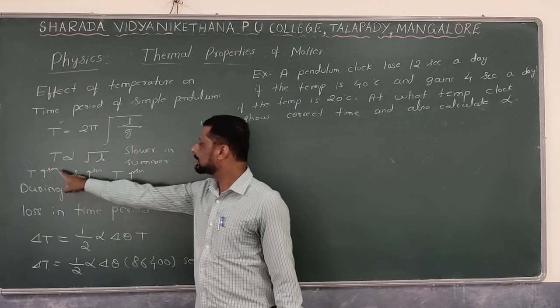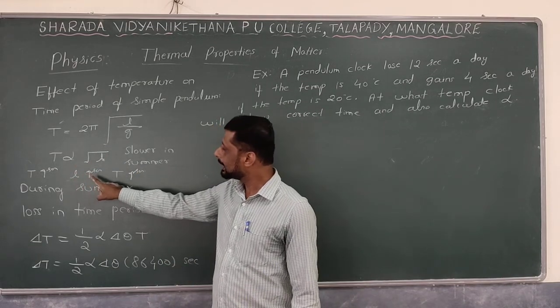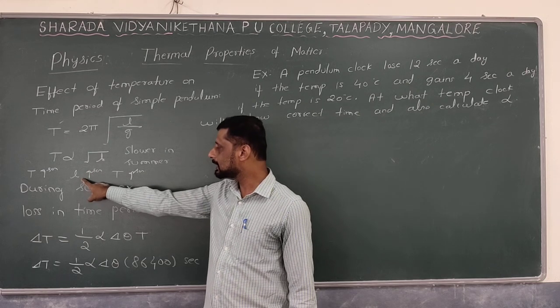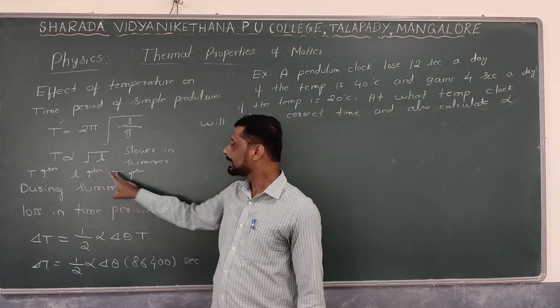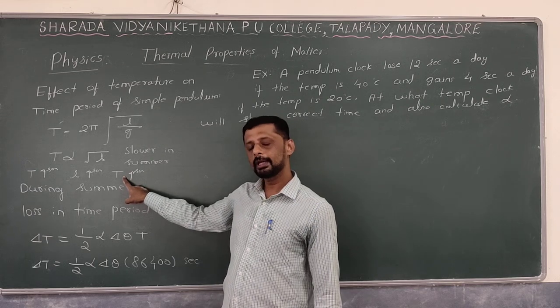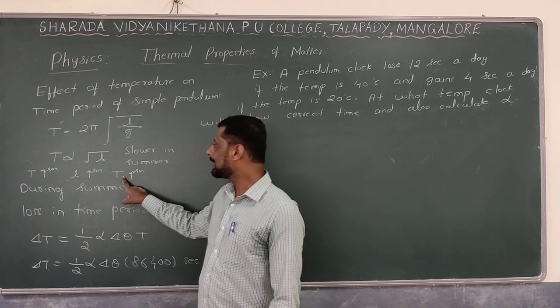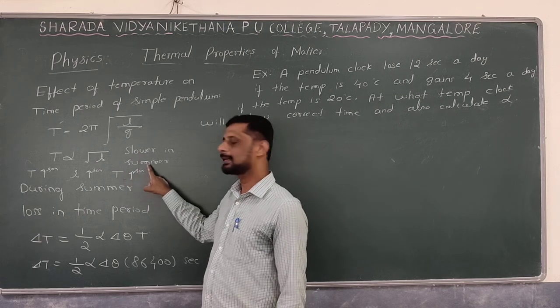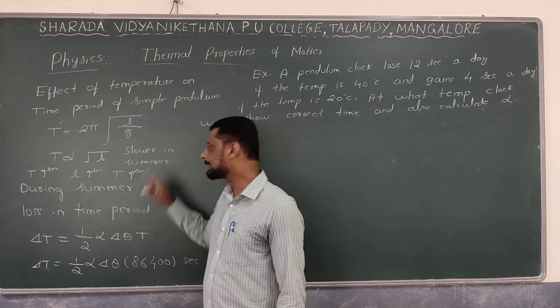So when the temperature increases, as per the linear expansion concept, the length of the simple pendulum increases and the time period also increases. More time is taken to complete one oscillation, and hence the clock becomes slower in summer and loses time.